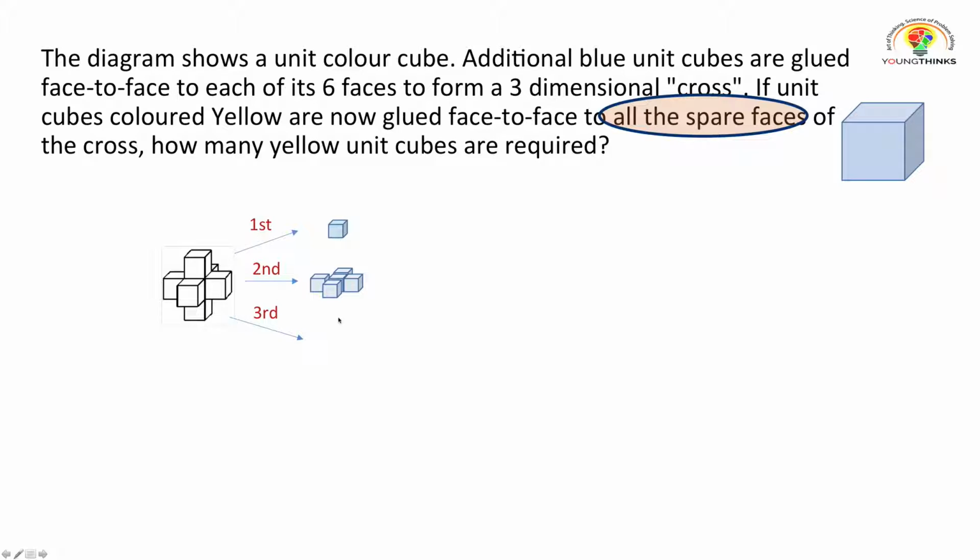And then finally, at the bottom, you have got one more cube, which is just the mirror image of the top. These are all glued together to make a three-dimensional cross. Now, the point here is that to all the exposed surfaces of these cubes, you need to paste your yellow cubes, and that's where your visualization will help.